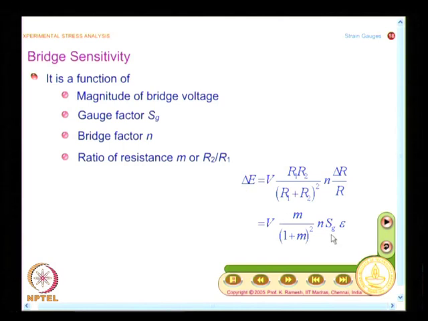So, if I have to maximize my delta E, one can also say I will have a very large value of Sg. This is one of the focus in semiconductor gauges, but if I want to measure strain both in elastic and plastic regions without altering the instrumentation, we have seen it is desirable that the gauge factor is around 2.